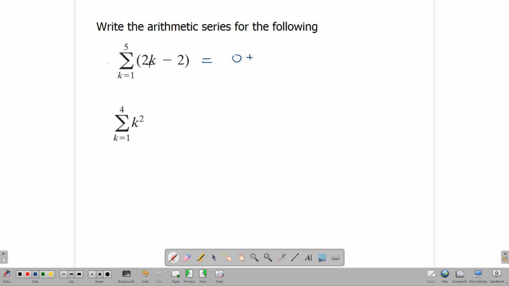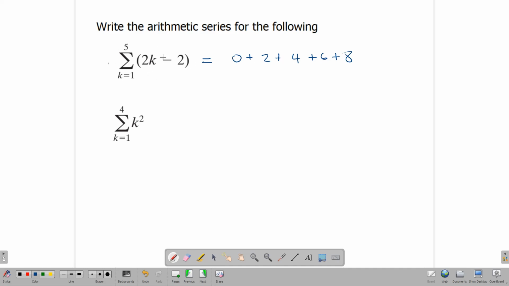If k is 2, then 2 times 2 is 4, and 4 minus 2 is 2. Plus, if k is 3, then 2 times 3 is 6, 6 minus 2 is 4, and so you can see where this is headed, 0 plus 2 plus 4 plus 6 plus 8. 1, 2, 3, 4, 5 terms.